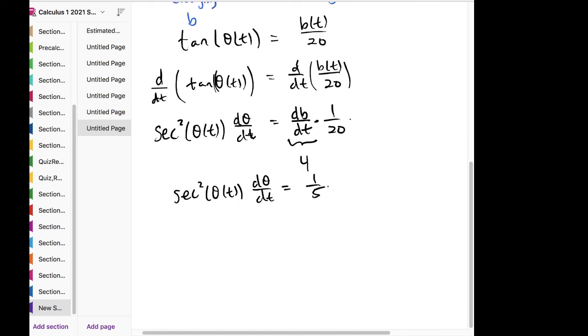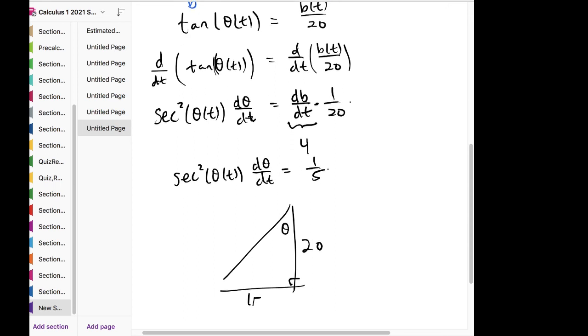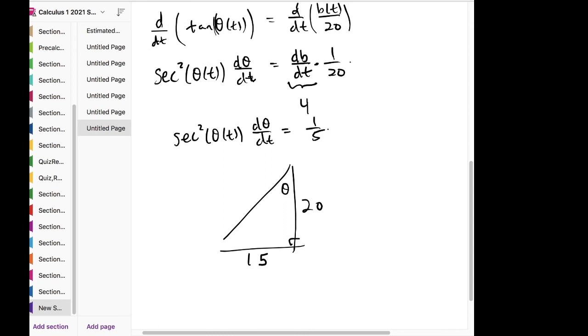So the question was, how is the angle changing when the person is 15 feet away from that point? Do you know what secant squared of theta is? How do you find secant? Forget about the squared. How do you find secant of theta? Yeah, it's 1 over cosine, and then how do you find cosine of theta?